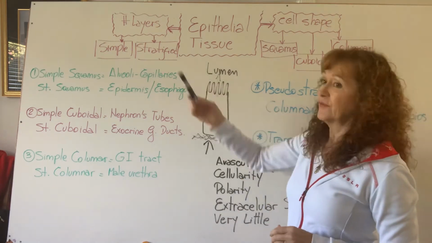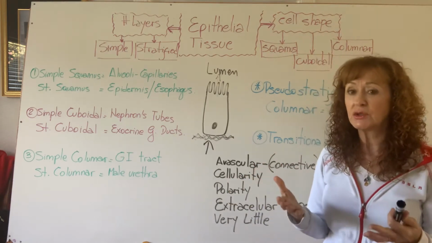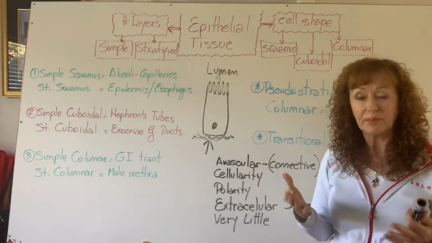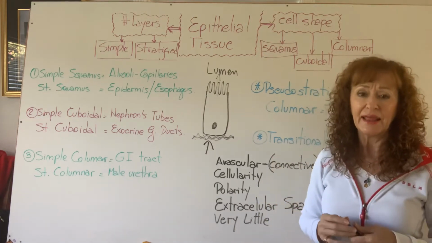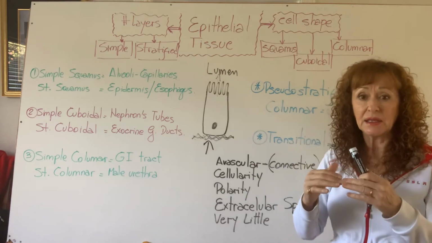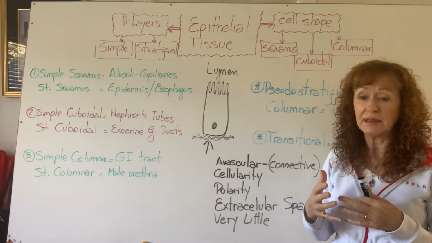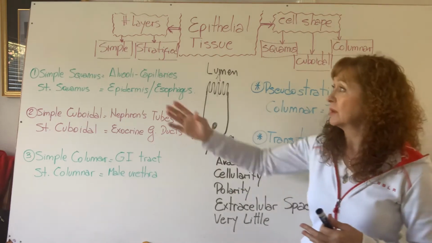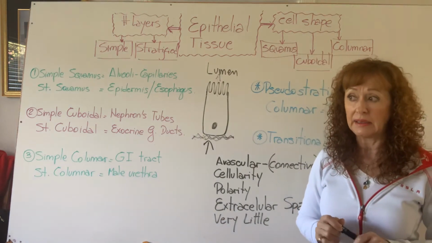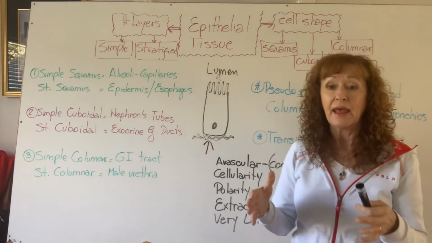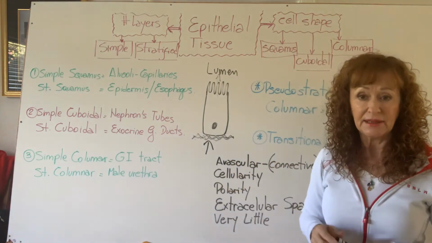Now, in a stratified, when you have any type of stratified, it is a tissue selected to produce protection because they have more than one layer. Even when it's very thin, adding layers adds the possibility of being damaged. Any simple epithelial is really very delicate and is located in areas where it can perform the function without damaging the structure.